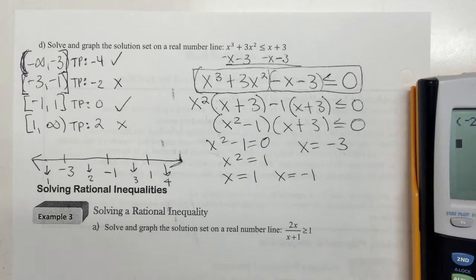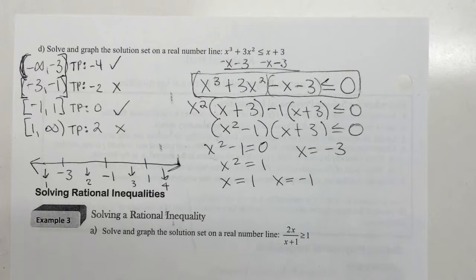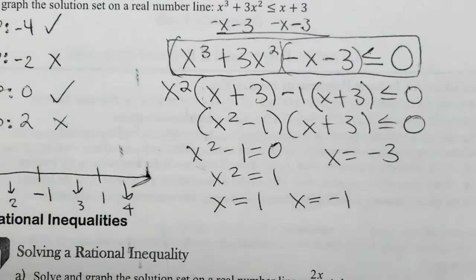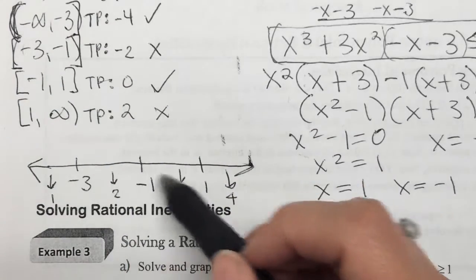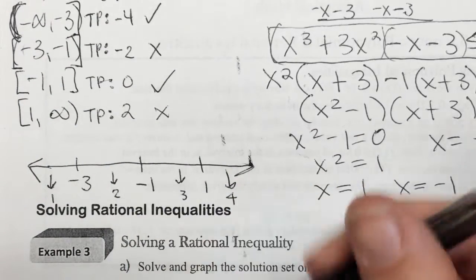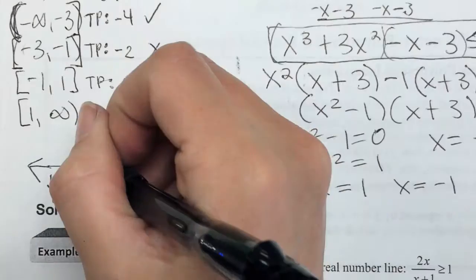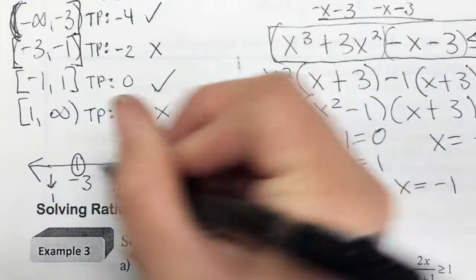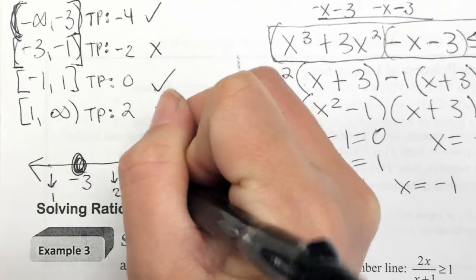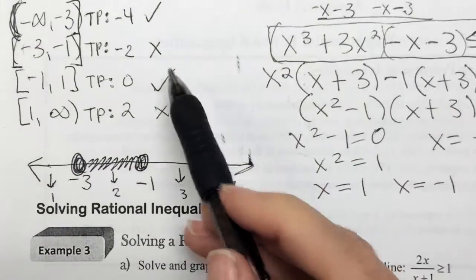Questions about those? Cool? Okay, now let's see how it'll look on the number line, okay? So from this interval, from -3 to -1, it works. So I'm going to shade between it, and both of these circles will be what? Closed. Good. It's going to be shading in between this area, because that's the area.